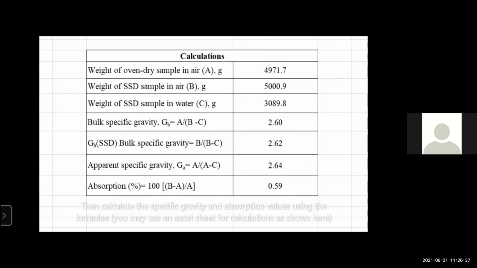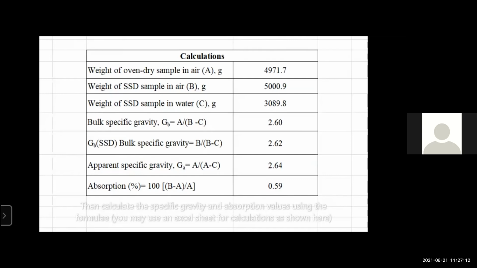So if 3089.8 gram gets subtracted from 4971.7 gram, we get a certain value, and if 4971.7 gram gets divided by the A minus C value, then we get the apparent specific gravity, which is also indicated as GA, equal to 2.64. So from this approach we calculate our apparent specific gravity and our bulk specific gravity.